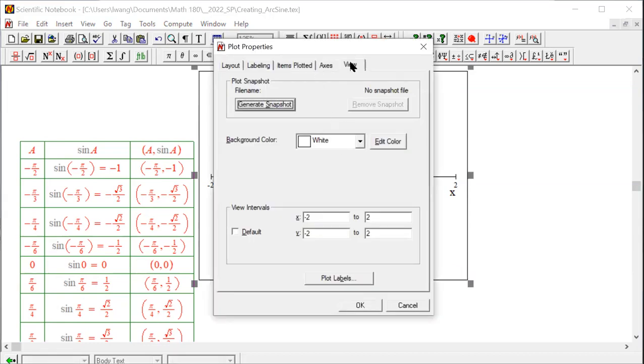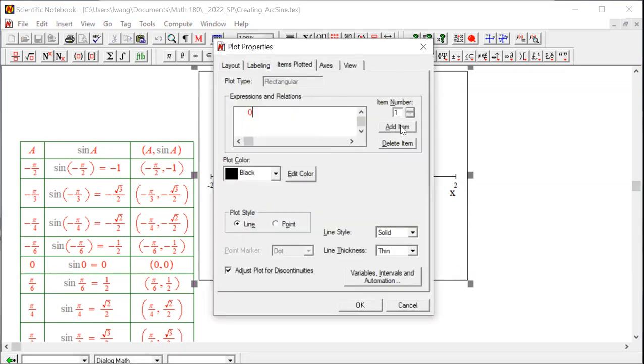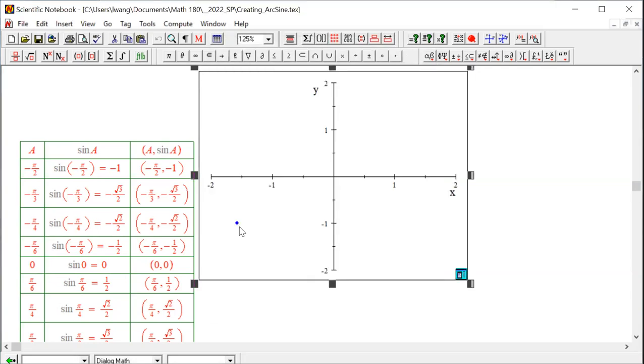So what do we get? We're going to plot these items, so negative pi over 2, comma, negative 1. I'm going to use the blue dot. One point is plotted right here. The next point, I'm going to do one by one.